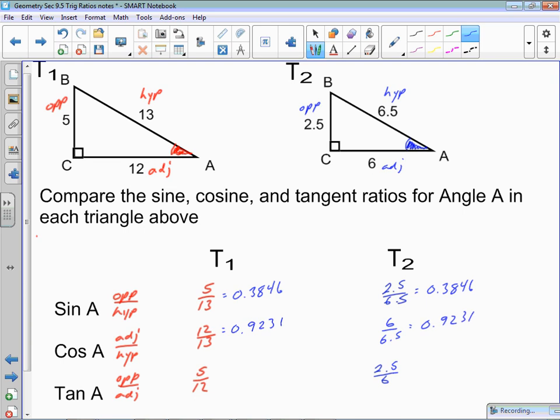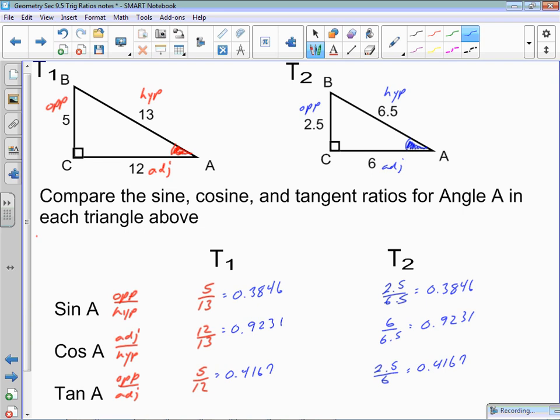And then for the tangent, 5 over 12 is 0.4167, and 2.5 over 6 is 0.4167.